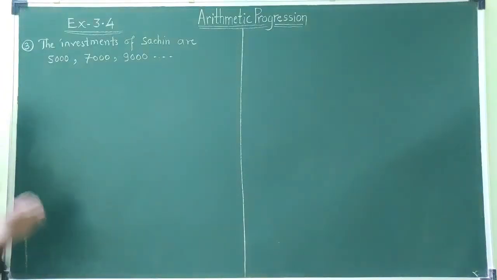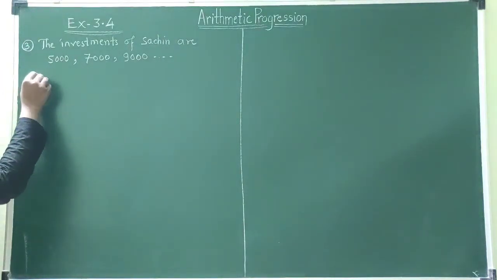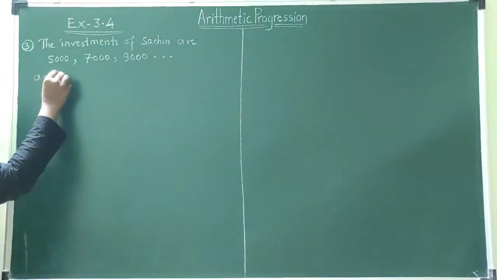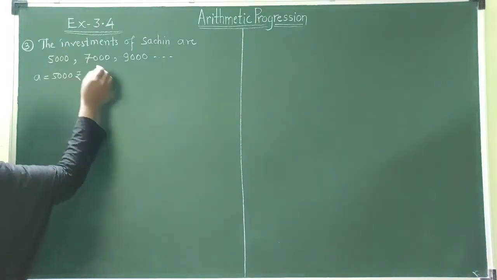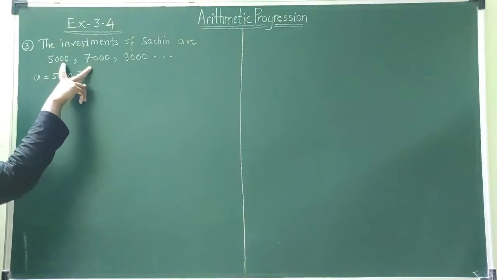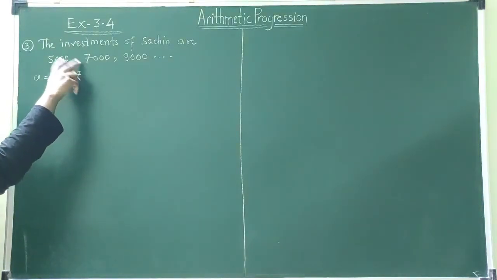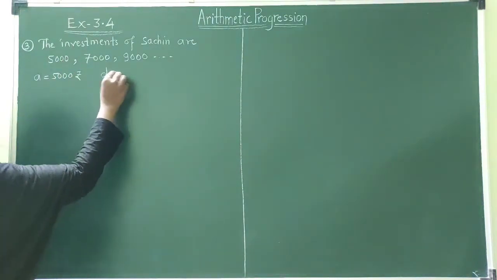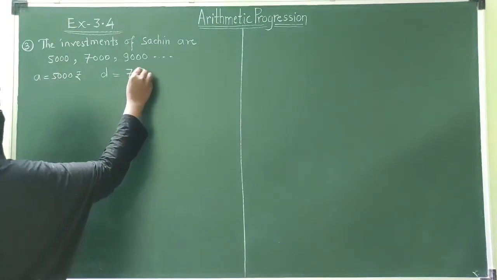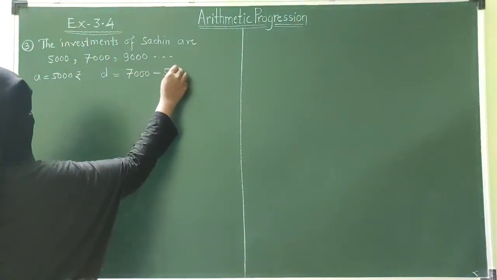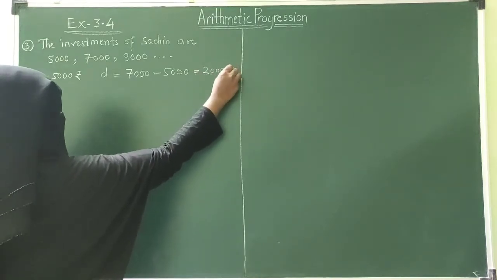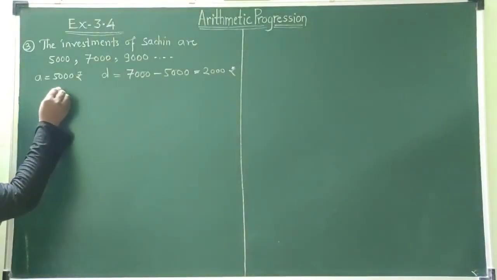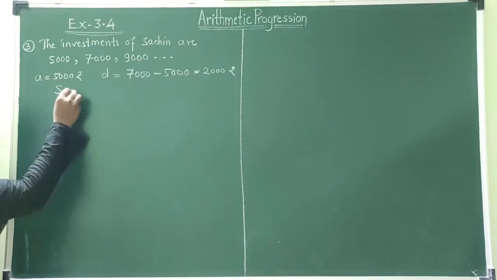This is a sequence in which the first term is 5000 and the difference between the two investments is 2000. D is equal to 7000 minus 5000 is equal to 2000. We have to calculate here S12.